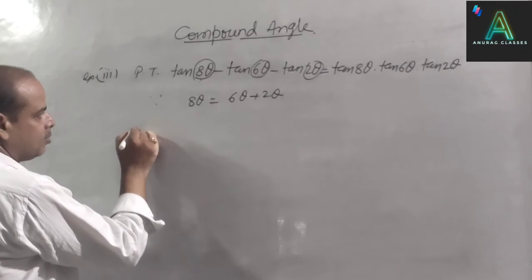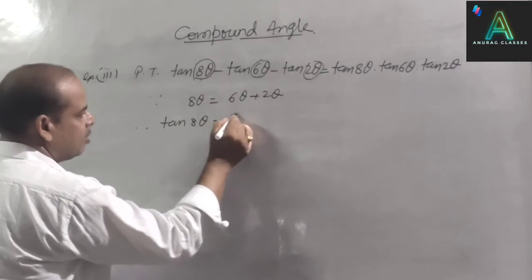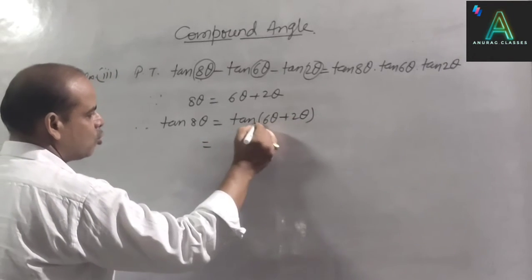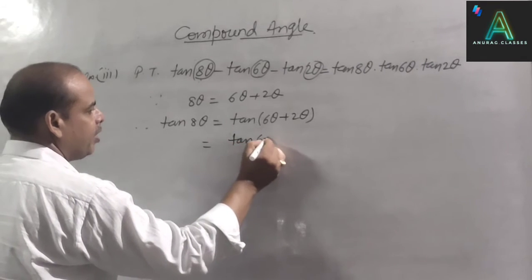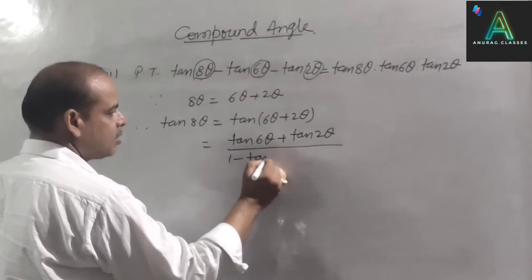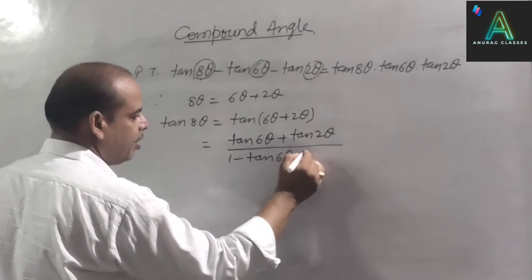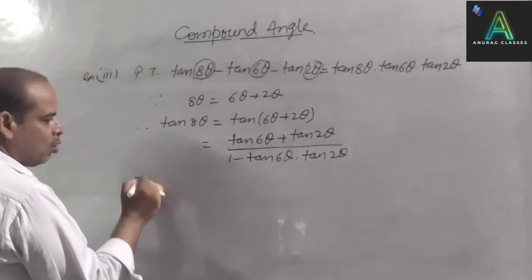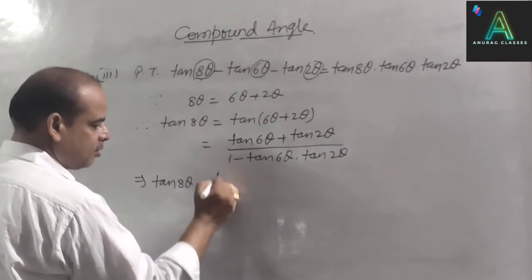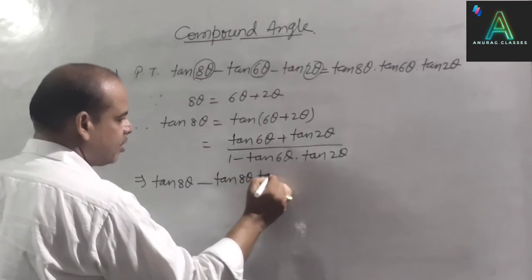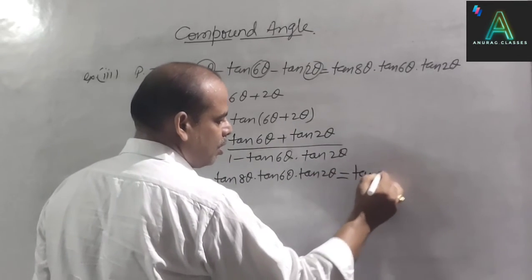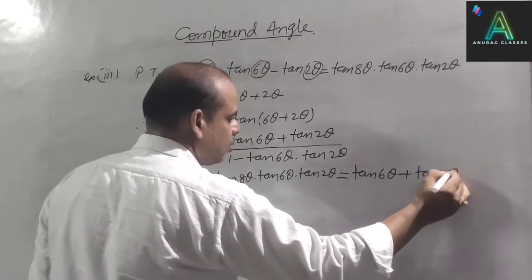So applying tan, it takes the form tan 8 theta is equal to tan of 6 theta plus 2 theta, and now it is of the form tan A plus B, so it will be tan A plus tan B by 1 minus tan A into tan B. Now by cross multiplication, tan 8 theta into 1, tan 8 theta minus tan 8 theta into tan 6 theta into tan 2 theta is equal to tan 6 theta plus tan 2 theta.